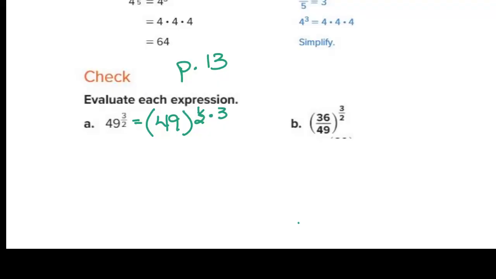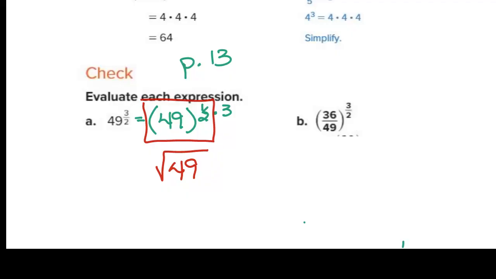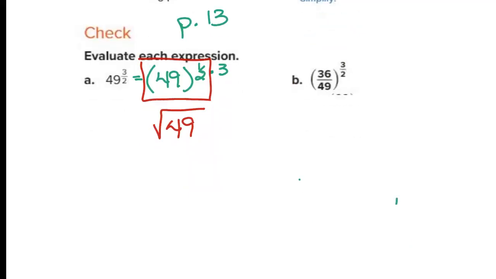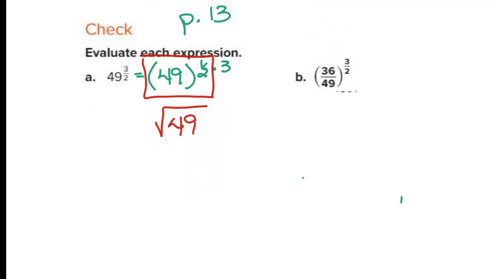Okay? So if I do this first, what is the square root of 49? What number times itself gives you 49? 7. Okay? So you got 7 from the 49 to the 1/2 power.